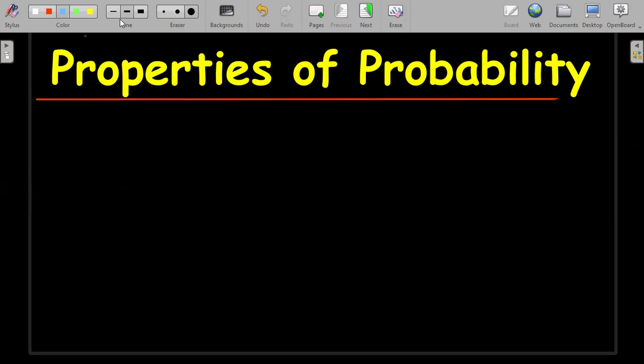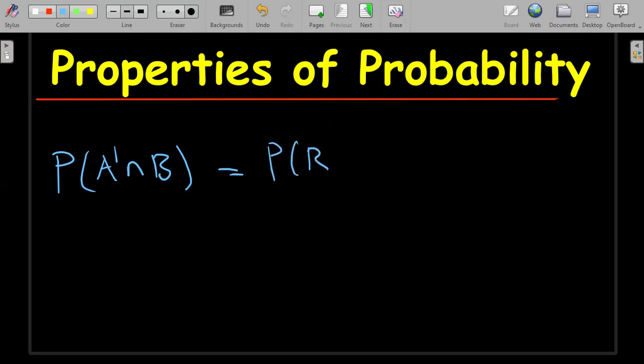The other property I want to talk about, which confuses a lot of people, is that the probability of A complement intersection B is the same as the probability of B minus the probability of A intersection B. You have to know this property, and I'll explain it using a Venn diagram.